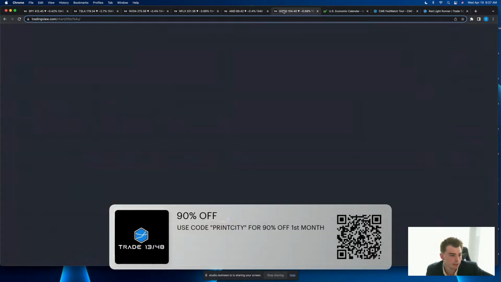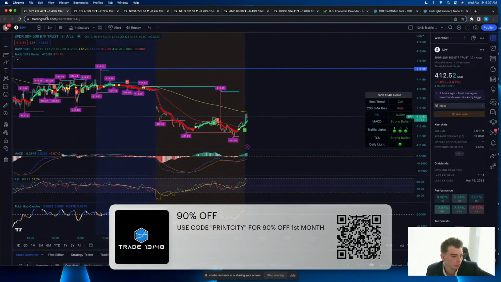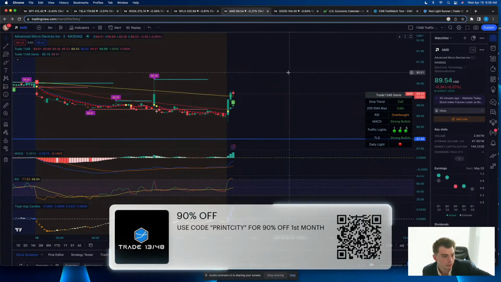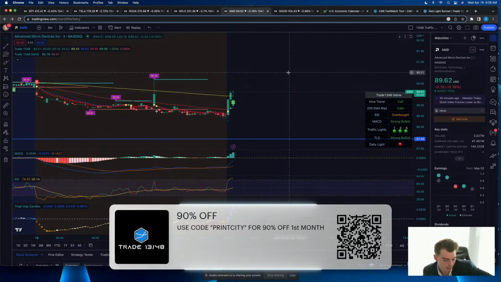Amazon looks interesting for a downside thigh gap. Oh, wow, Google shark. Let's see what happens here. AMD hanging on.